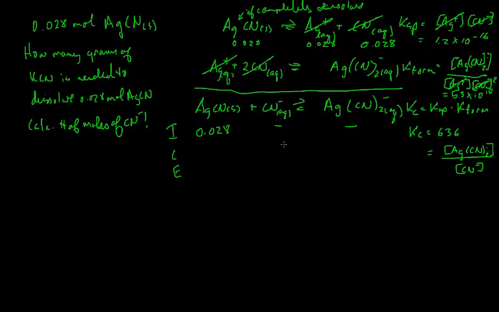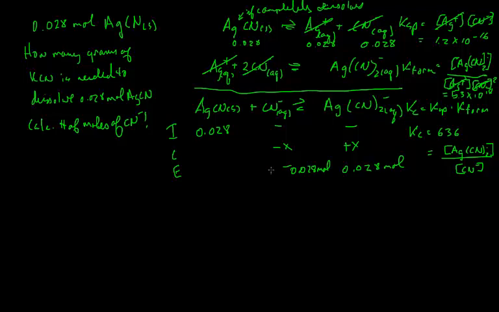The change would be plus X, and this would be minus X. But the concentration at equilibrium, at equilibrium you're going to have 0.028 moles of silver cyanide complex. And what we need to figure out is how much cyanide needs to be present in order to fully complex the silver ion. So if X is 0.028, minus X would be minus 0.028 moles.